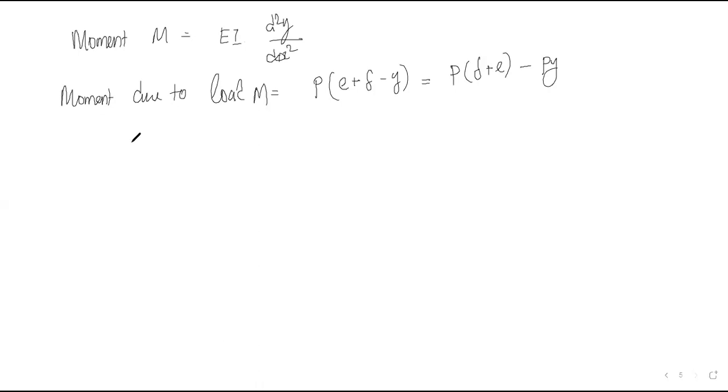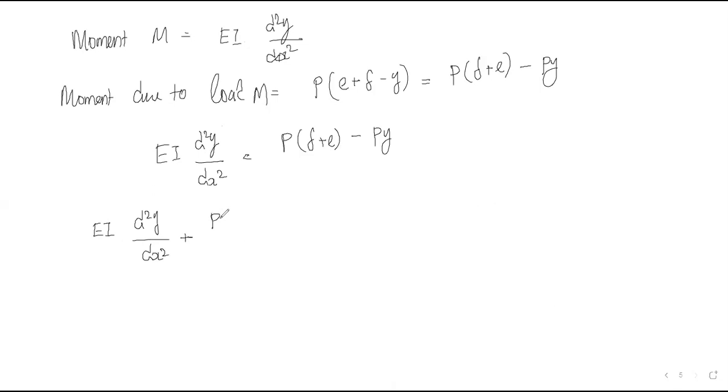By equating the above two, EI into d squared y by dx squared is equal to P into delta plus E minus Py. So the equation changes to d squared y by dx squared plus P into Y is equal to P into delta plus E. This is equation number 1.